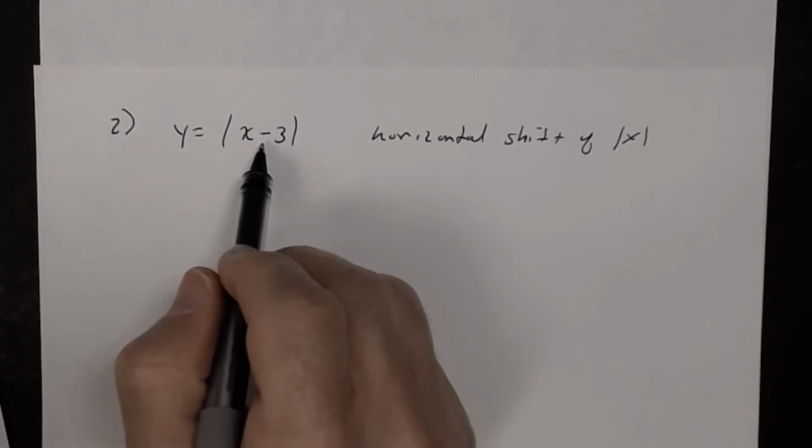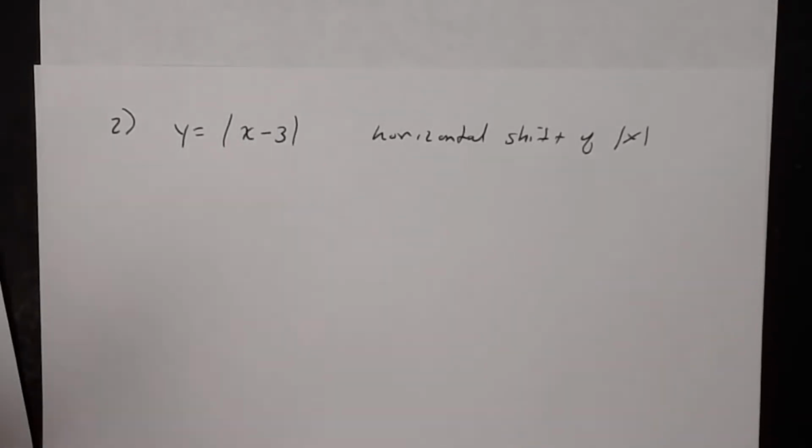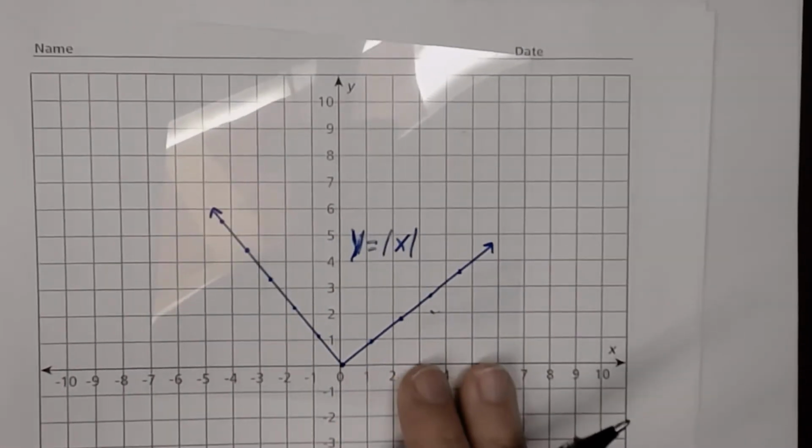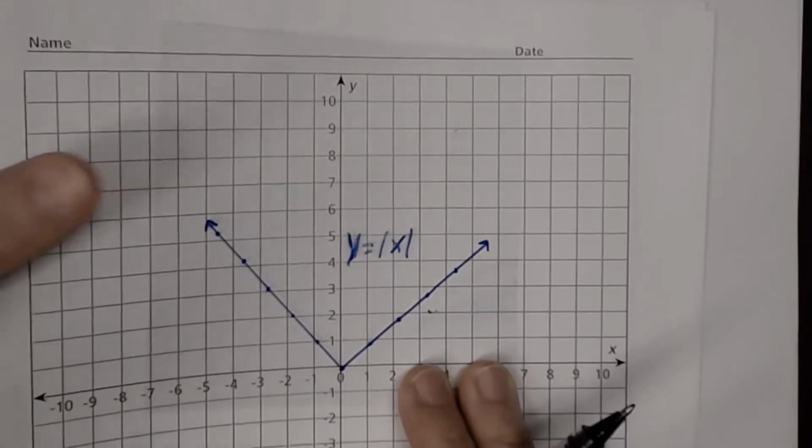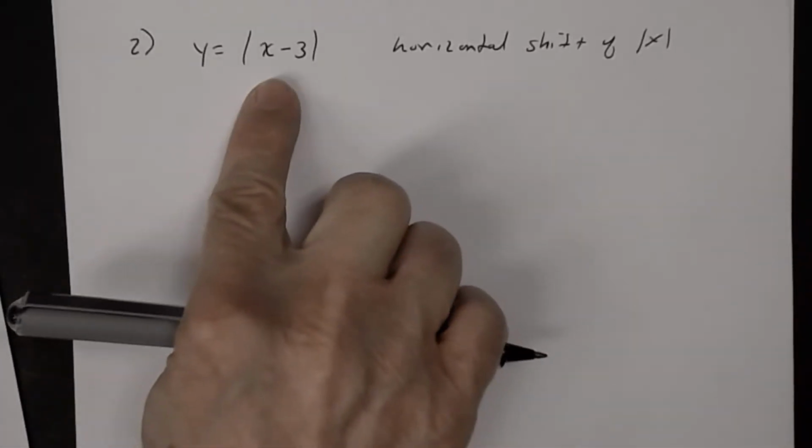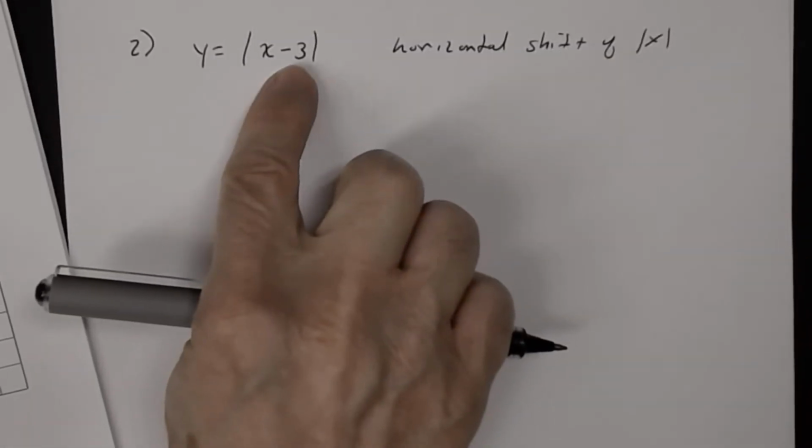But counterintuitive. So my question to you is this. If that's the absolute value of x, and we know that this is a horizontal shift, and remember, you always look at this number to tell you what the vertex is.